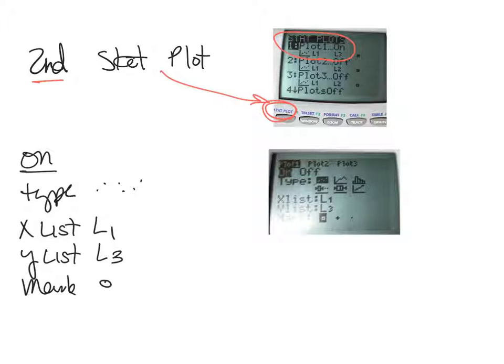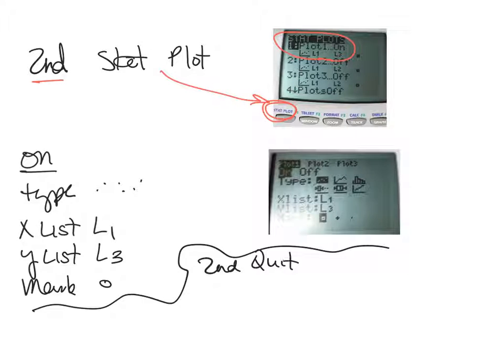Once you're done with that, you're actually going to hit second, quit at this point. And then find the zoom button and then hit the number 9. That's called zoom stat.